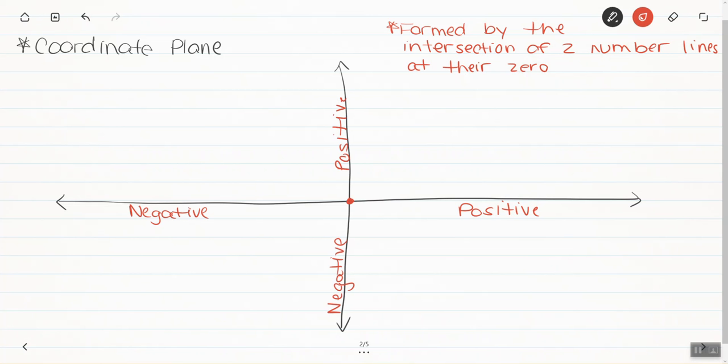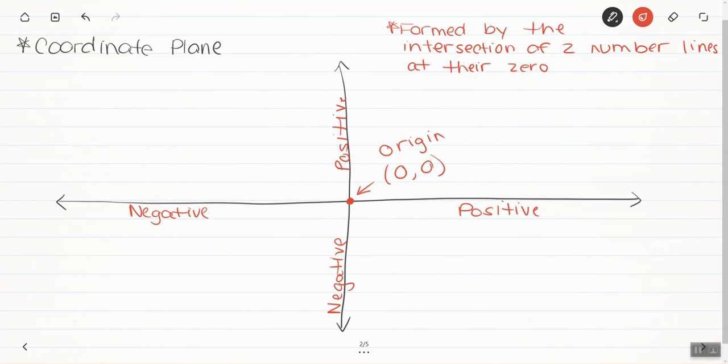So the point in the middle is where the zeros would be. So we notate that by saying 0, 0. And that actually has a fancy name called the origin. And if you like superhero movies, they often do origin movies, which is how they started. So the origin is actually where you start in the coordinate plane.